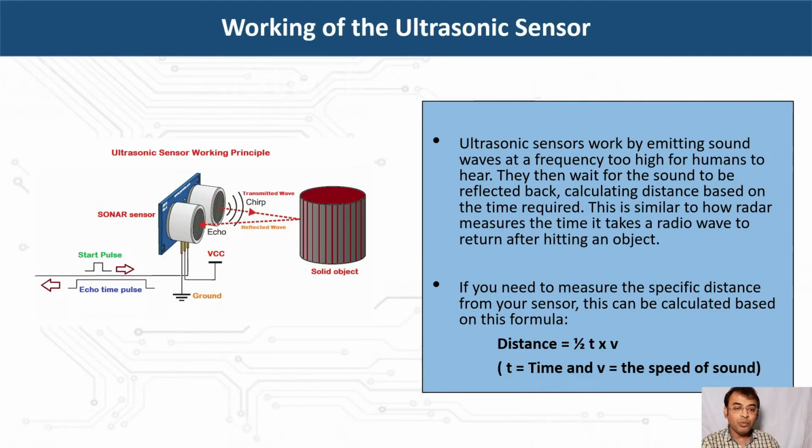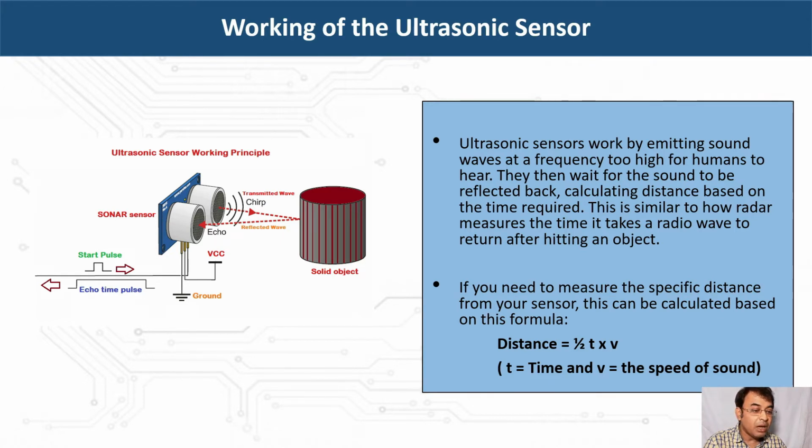Now I will come to the working of the ultrasonic sensor. Ultrasonic sensors work by emitting sound waves at a frequency too high for humans to hear. They then wait for the sound to be reflected back, calculating distance based on the time required.